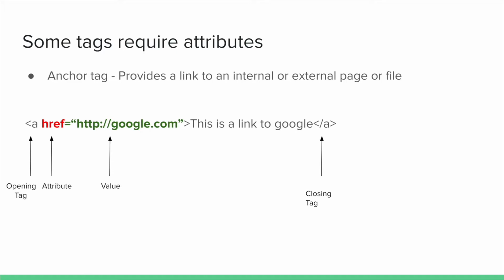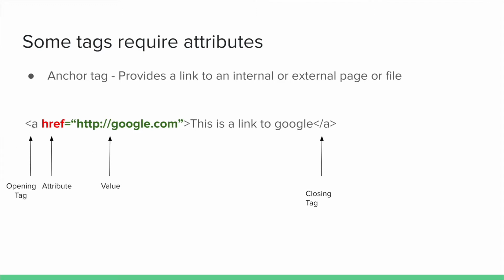Anchor tags must have an attribute that looks like this in red, and it's href, which is short for hypertext reference. Okay, so the attribute is a reference to some other web component, and the value is defining what we're linking to.